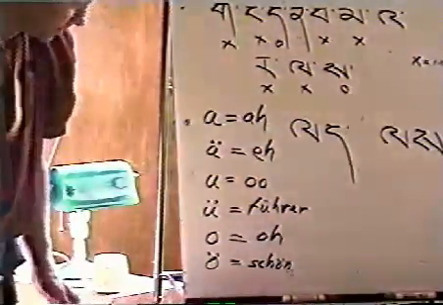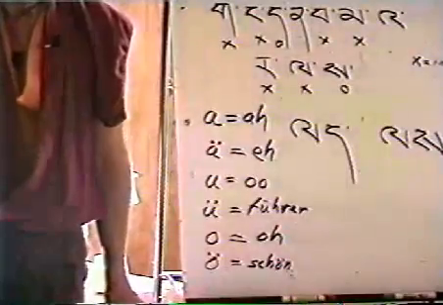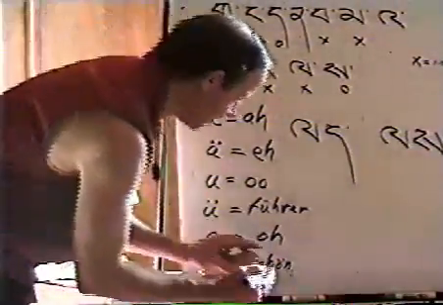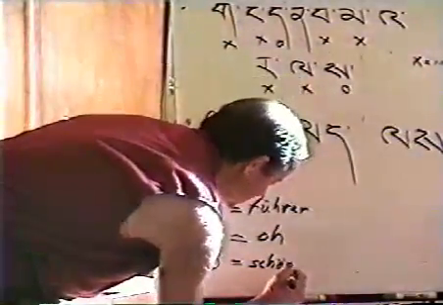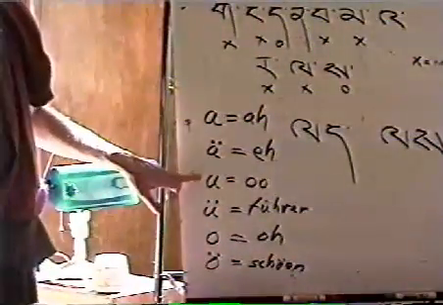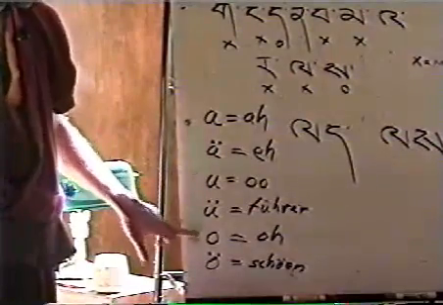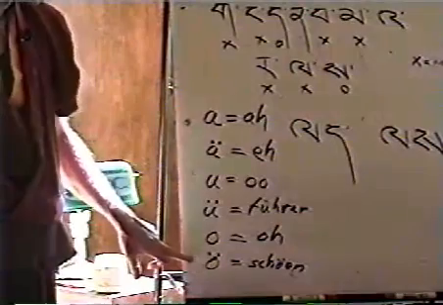I don't know if that's the correct spelling. Say O. Anyway, say this one: U, U, O, O.